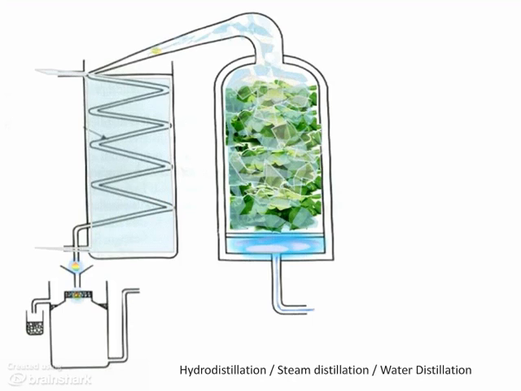The mixture of floral water and essential oil come out together, but as they do not mix, they quickly separate. The majority of essential oils float above the floral water, but some sink to the bottom.